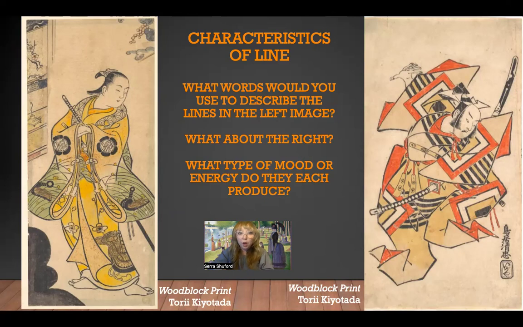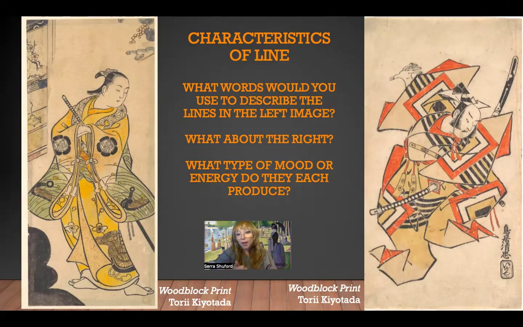Okay, so hopefully you said something like, for the image on the left, the woman here, the lines that we see being used here are all curving, all very smooth. There's no harsh zigzags or anything. Everything transitions smoothly into one another. There's a softness and a gentleness about it.